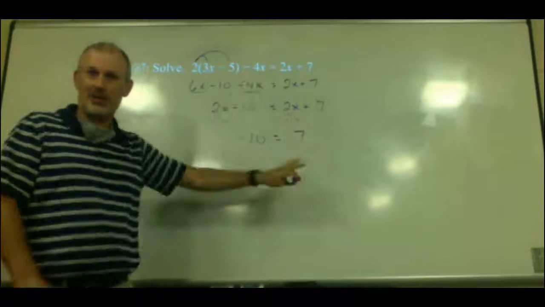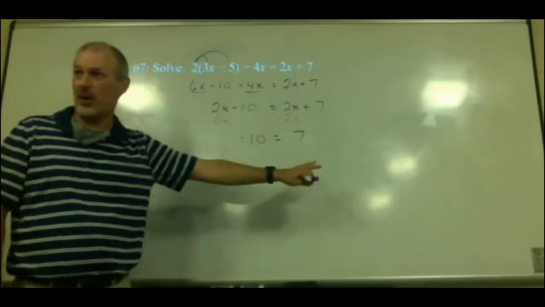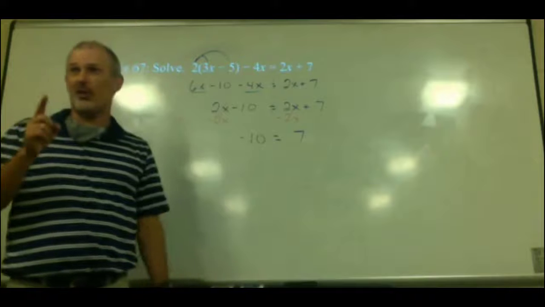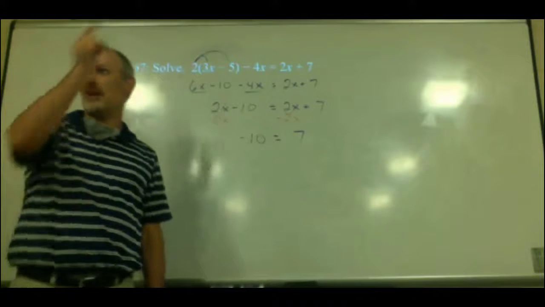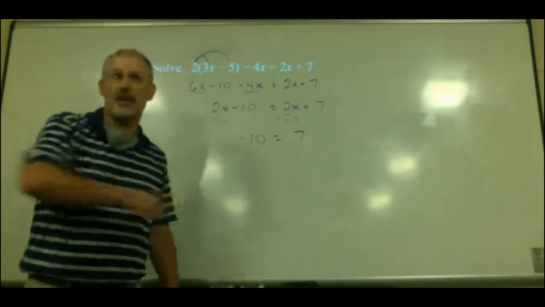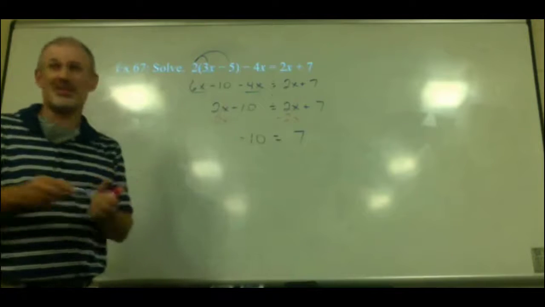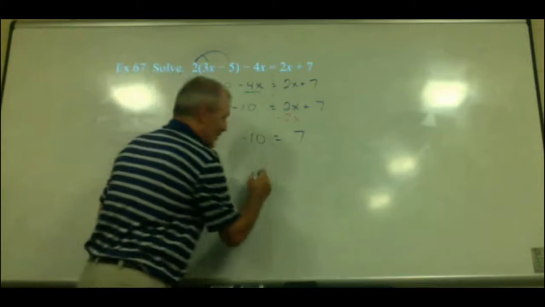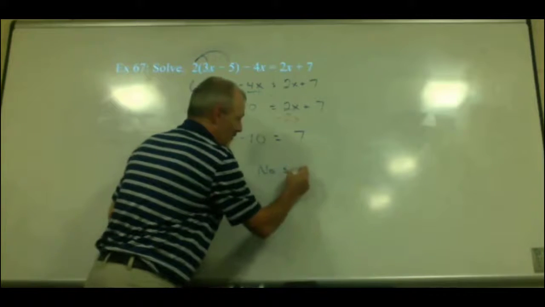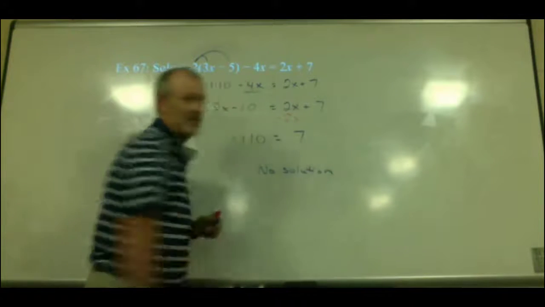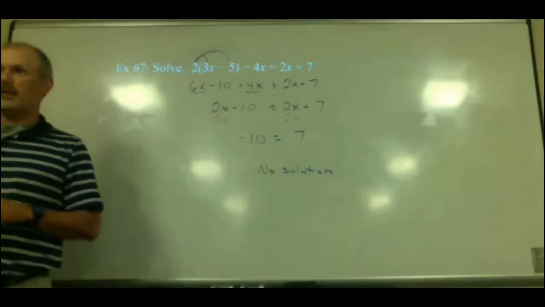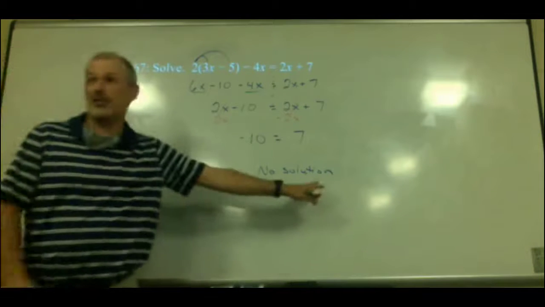And you'll be left with something that is false, no matter what. Remember our goal. The solution is to figure out what can make the equation true. No matter what we put in, this is false. So that's why this is a special case. This is one where we have no solution. The answer is there is no solution.